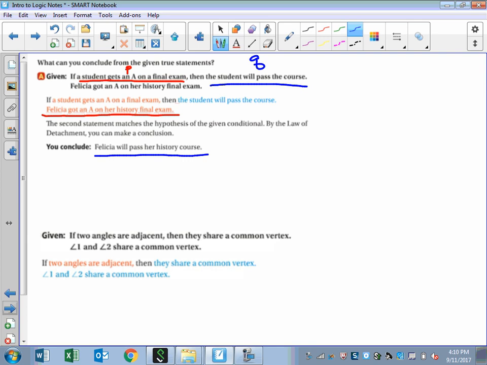However, it does not work if you try to say that Q is true.